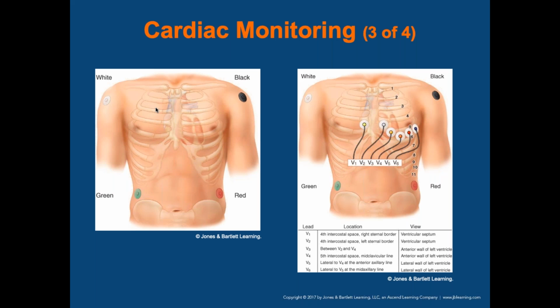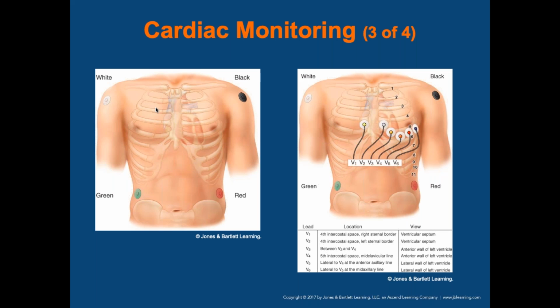And then we do our vector leads, which is V1 through V6. Remember, V1 and V2 are the fourth intercostal space, counting down the ribs, right and left of the sternum. Then we're going to do V4 next, which will be your mid clavicular line, follow the clavicle down to the fifth intercostal space.